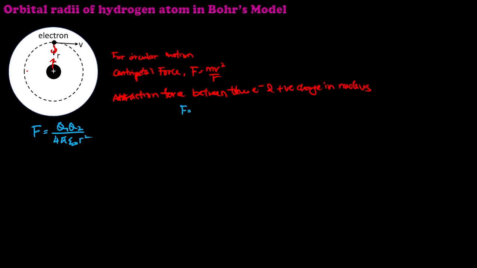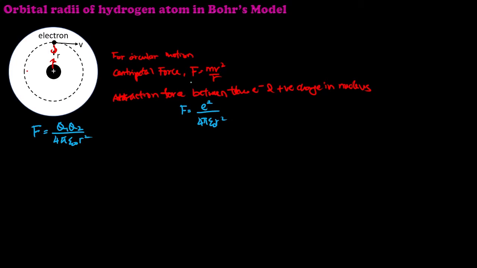So we have both the same charge but opposite in sign, but when we calculate the attraction force between the two charges, we usually don't include the signs of the charges. So we have e squared, because Q1 is e, Q2 is also e, but one is a positive value, one is a negative value. And then we have 4 pi epsilon naught r squared.